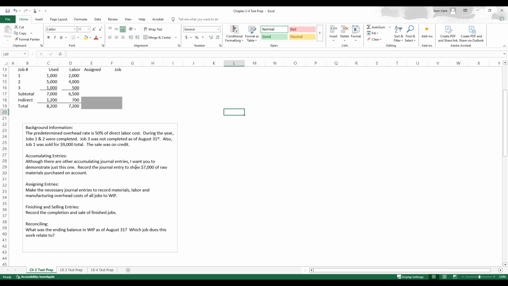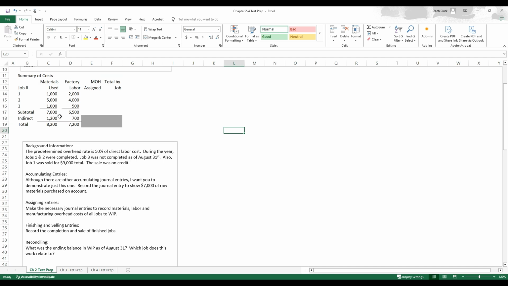We're going to show an accumulating journal entry to show the effect of the $7,000 of raw materials purchased on account. This is the raw materials, but we want to see the accumulating entry, so just the purchase piece.